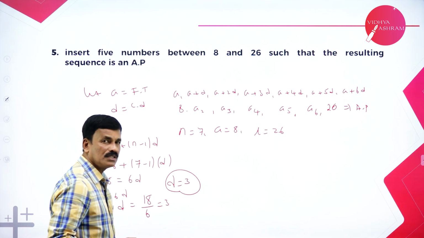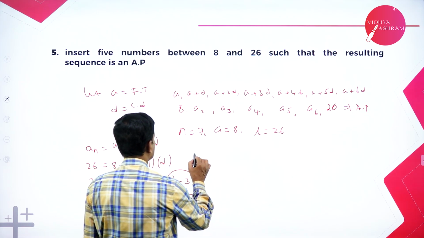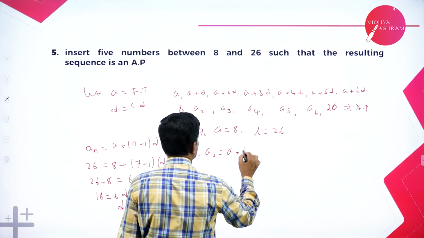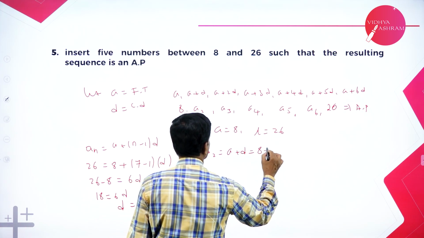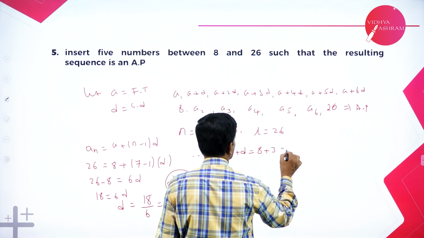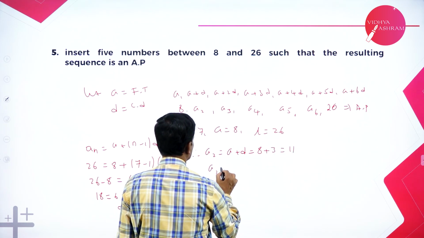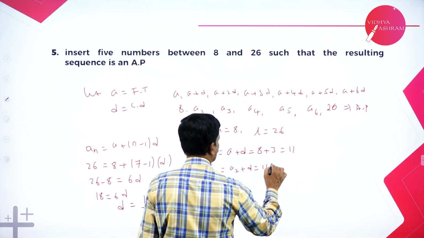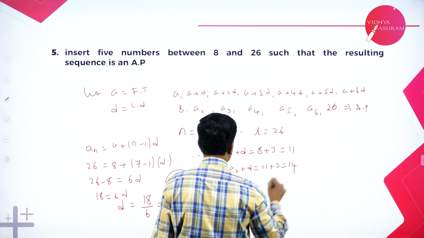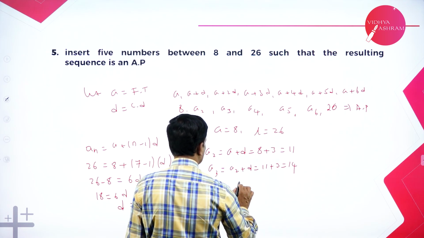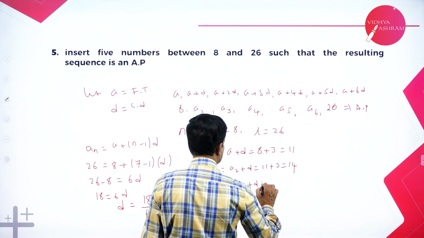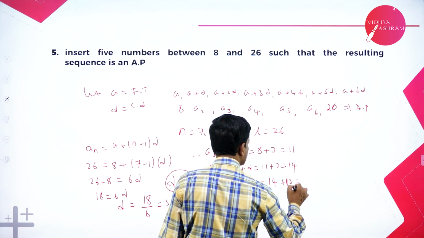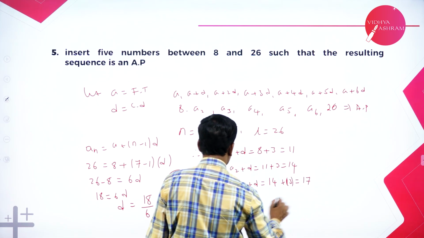So therefore the 5 terms are as follows. A2 is equal to A plus D, which is 8 plus 3, equal to 11. A3 is equal to A2 plus D, 11 plus 3, that's equal to 14. Fourth term A4 is equal to A3 plus D, 14 plus 3, equal to 17.